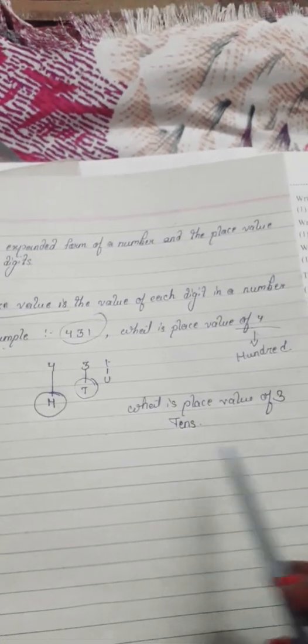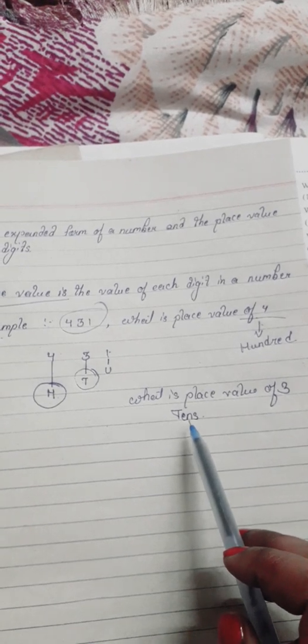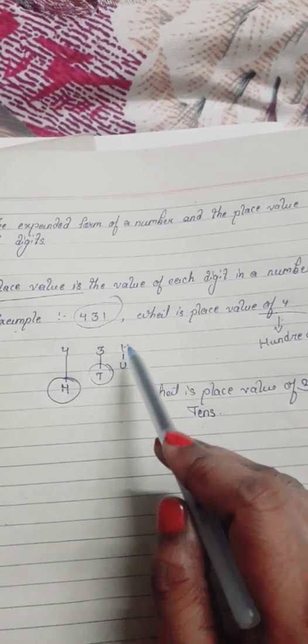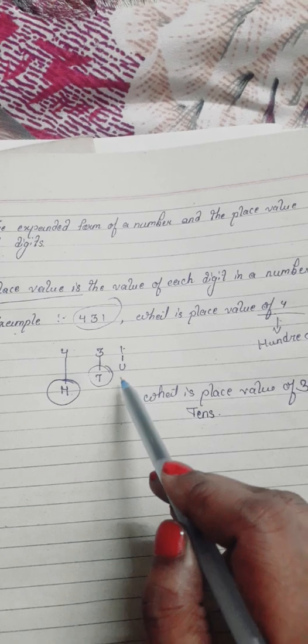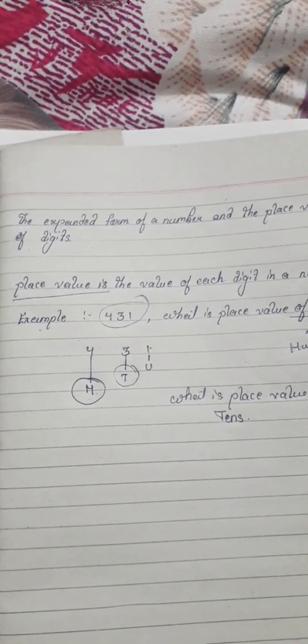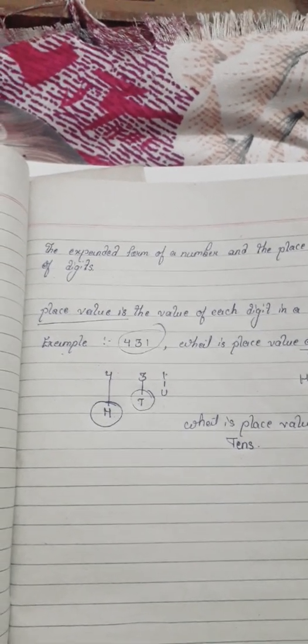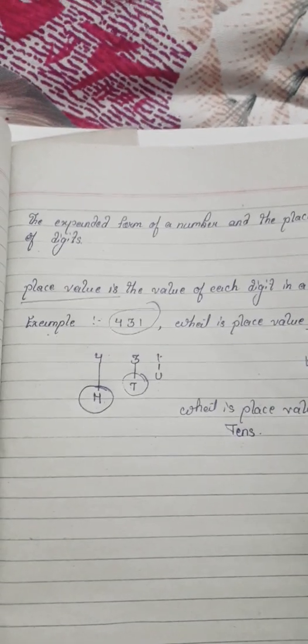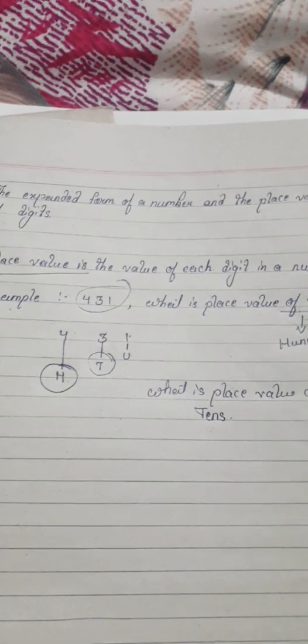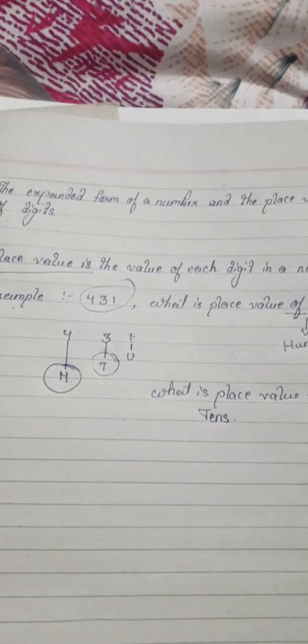So the place value of 3 will be tens. The place value of 1 is unit. Clear? I hope you understood what is meant by place value. Place value means where the digit is situated. If it is in hundred place, the place value will be 100. If it is in the unit place, the place value of that digit will be unit.